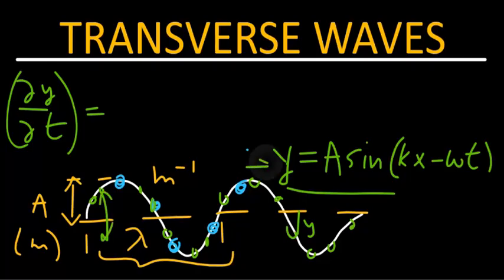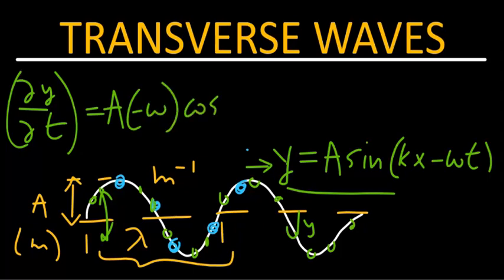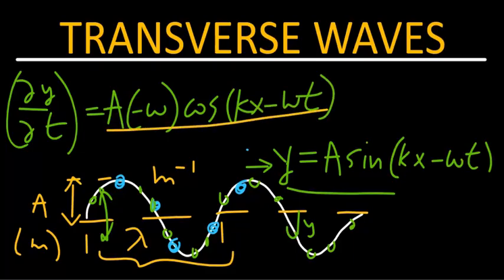So if y is given by this expression, the speed or transverse speed of the string is given by minus A omega cosine kx minus omega t, a result that you would obtain by differentiating this function with respect to time.